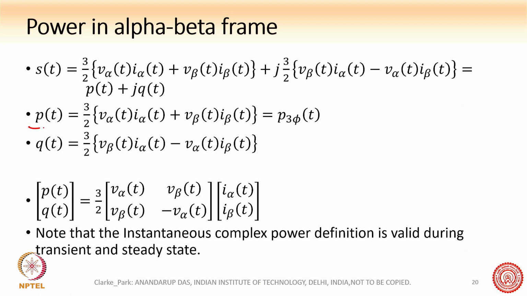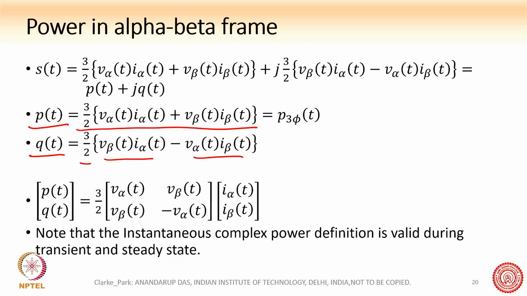This real part, which we write as instantaneous active power, is given by this equation, which is what we had seen earlier, 3 by 2 V alpha I alpha plus V beta I beta. And there is also something called instantaneous reactive power, which is 3 by 2, that is the imaginary part, V beta I alpha minus V alpha I beta.